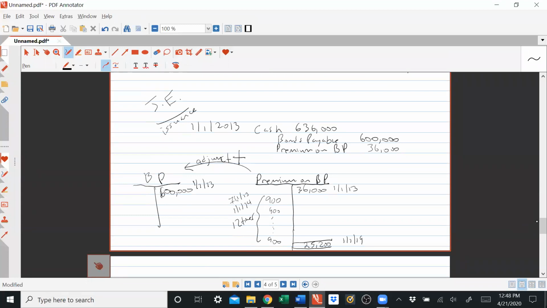We made 12 interest payments. July 1st, 2013, that's the first one. And then 14, there's 2 more, that's 3. 15, there's 2 more, that's 5. 16, there's 2 more, that's 7. 2017, there's 2 more, that's 9. 2018, that's 2 more, that's 11.